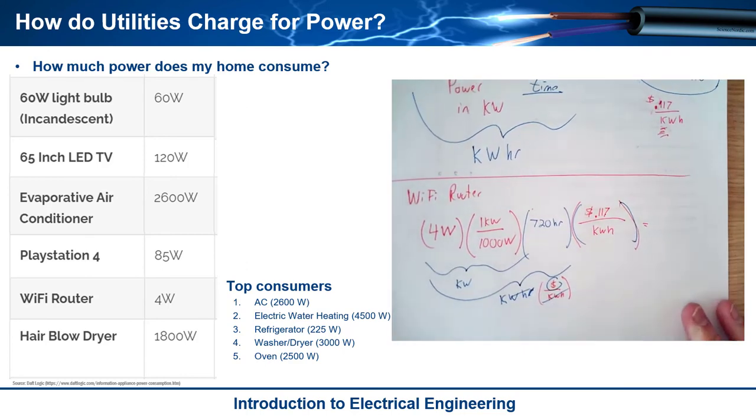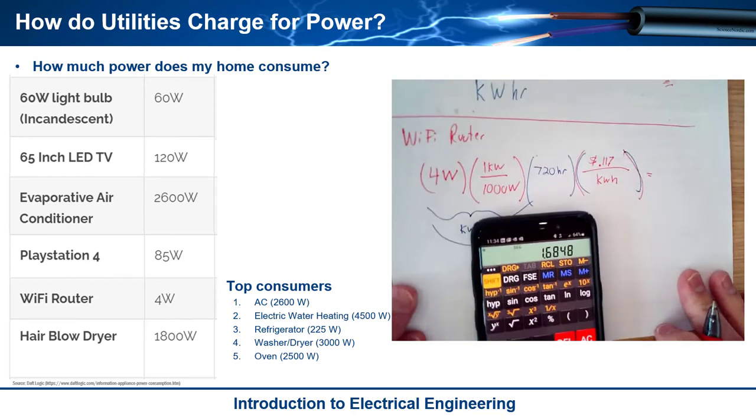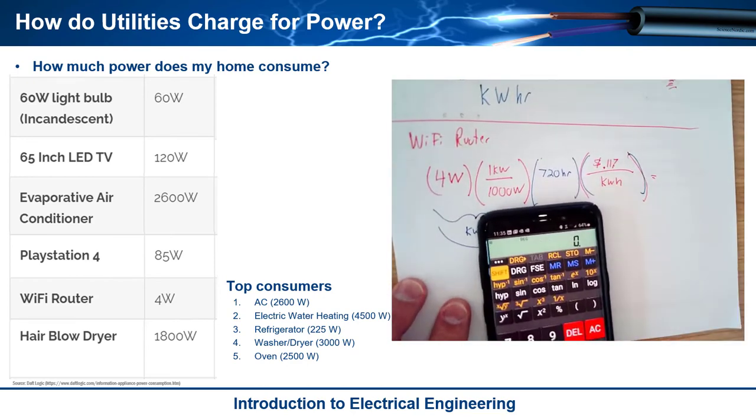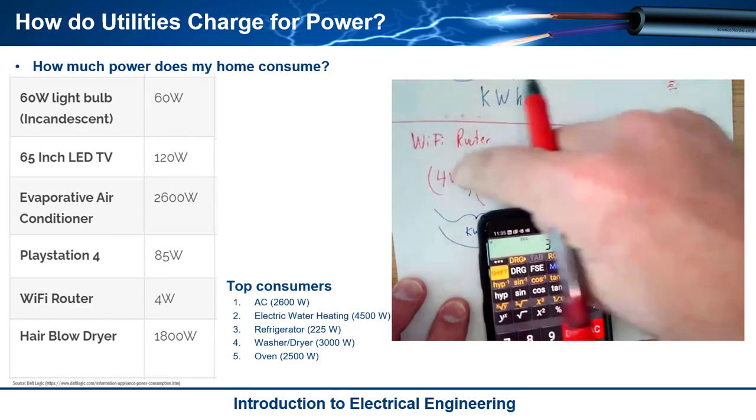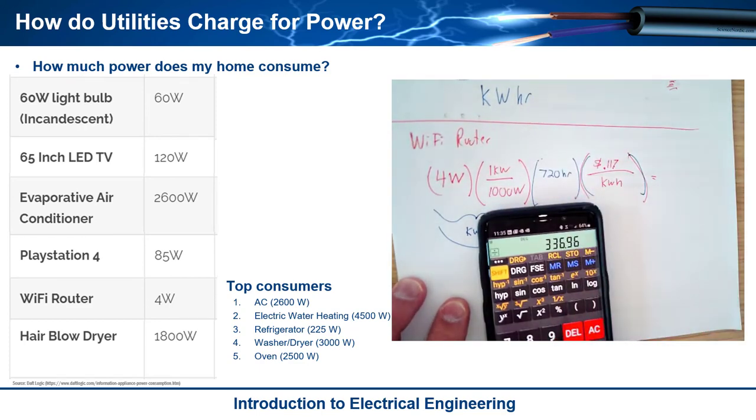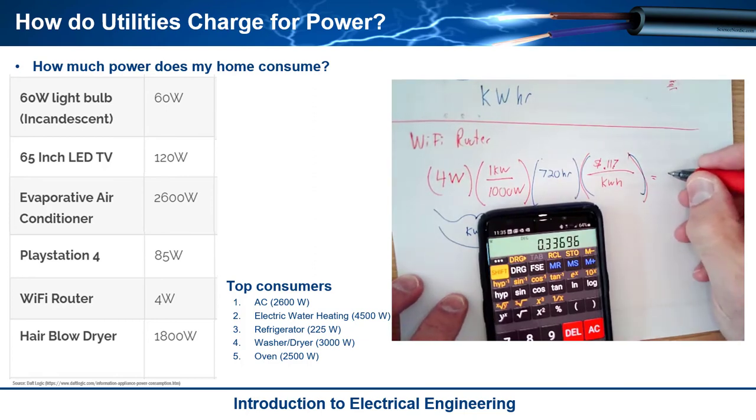So now let's see what the Wi-Fi takes to run. I'm going to say 4 watts times 720 times 0.117 equals, so that's my numerator. I'm going to divide that by 1,000. And the answer, oh boy, 33 cents.